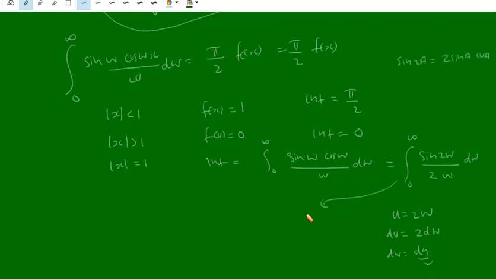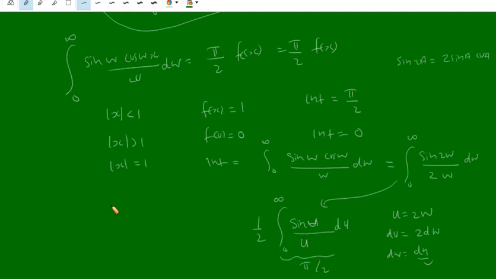So if we substitute it back here, then this will be equal to half into integral 0 to infinity sine u divided by u into du, substituting u for 2 omega. If you integrate this, you will get pi by 2. So this integral will be equal to pi by 2.